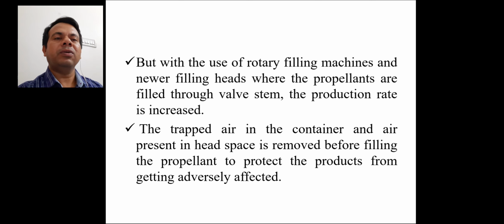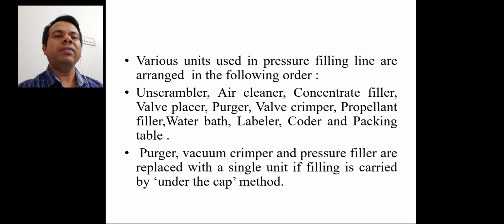The trapped air in the container and air present in head space is removed before filling the propellant to protect the products from getting adversely affected, that is from the oxidation or hydrolysis, etc. Various units used in pressure filling lines are arranged in the following order: unscrambler, air cleaner, concentrate filler, valve placer, purger, valve crimper, propellant filler, water bath, leveler, coder, and packing table.